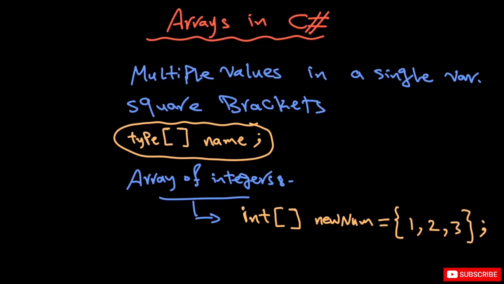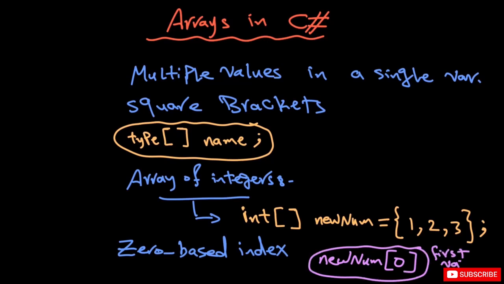Suppose you have an array and you want to access items from that array. To do that, you can use the index numbers. You have to know that arrays are zero-based index, so if you want to access the first item from that array called newNum, for example, in this case, you can use the variable name that contains that array followed by square braces and place 0 in between those square braces to access the first item, which is 1 in this case.